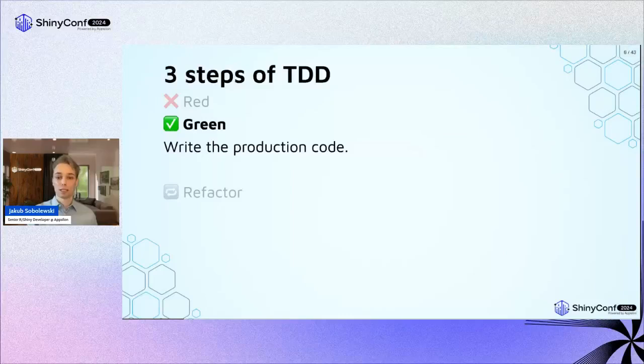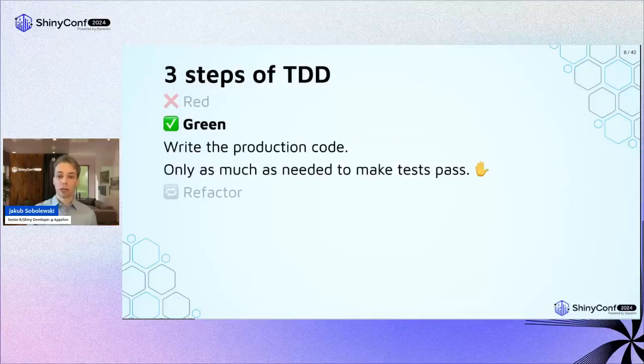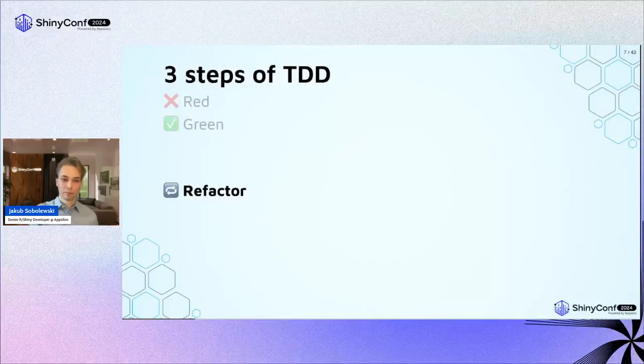If the code does what we want it to, tests will pass. And we write only as much production code as needed to make tests pass. Why would we write more code if tests are already satisfied? Don't do it. You ain't gonna need it.